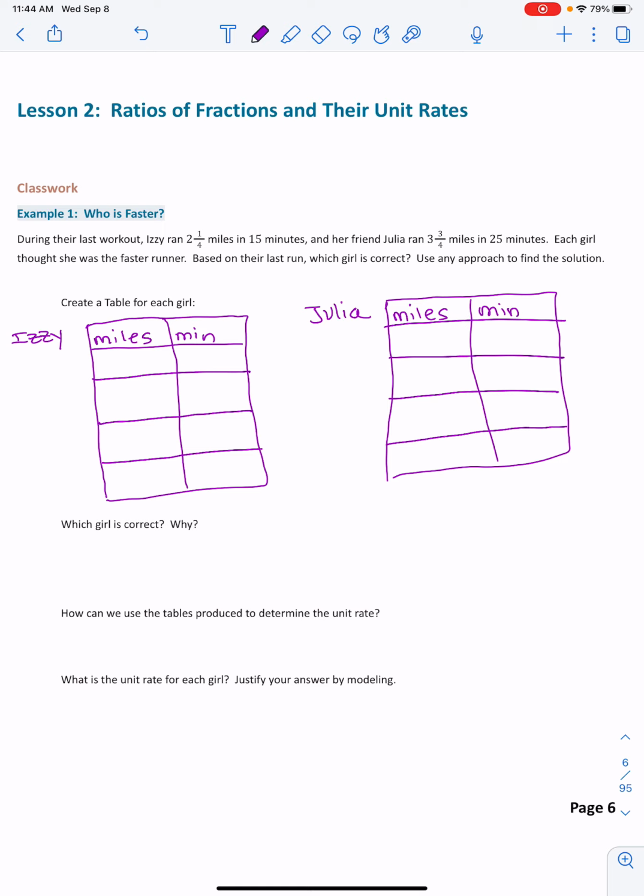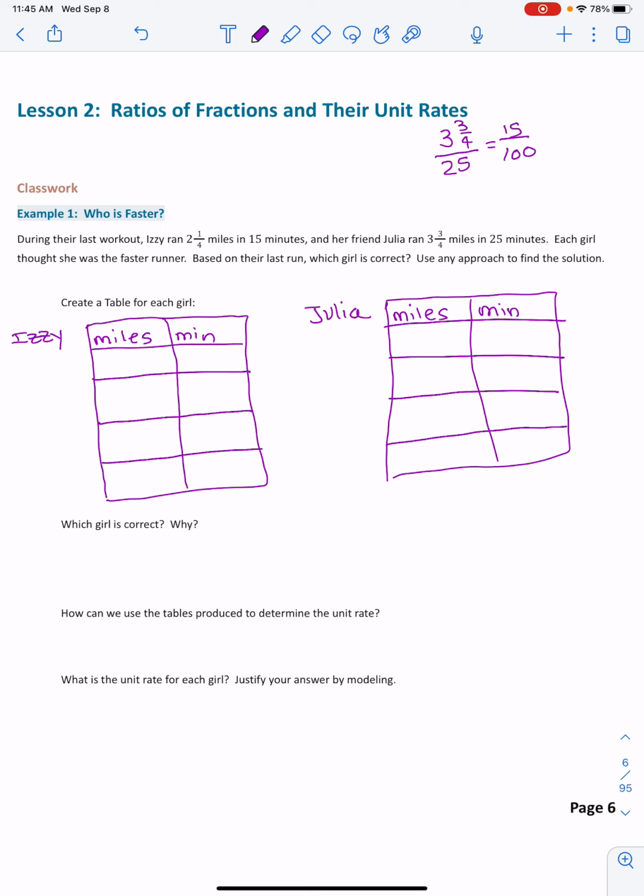And remember, we can change that because what we have here is Julia ran 3¾ miles in 25 minutes. So because we can divide that by 5, she ran 15 and 100.